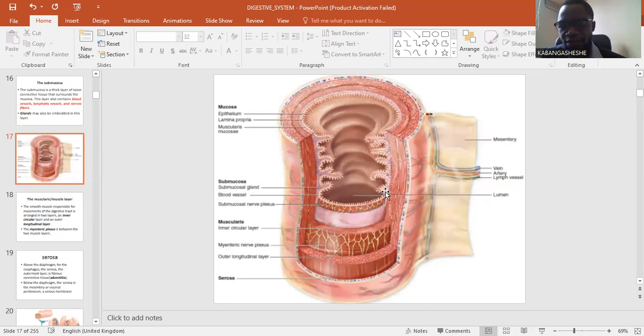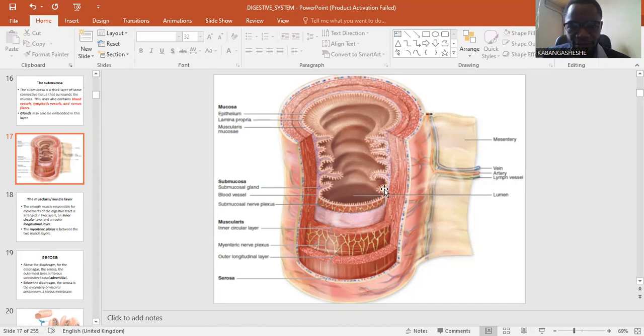And we agreed when we were discussing loose connective tissue that this is a tissue highly supplied with blood vessels. Fewer fibers, fewer cells, but more ground substance and more blood vessels. So that is a second layer. You find this throughout the digestive tract. Here it is called lamina propria. This layer is lamina propria.